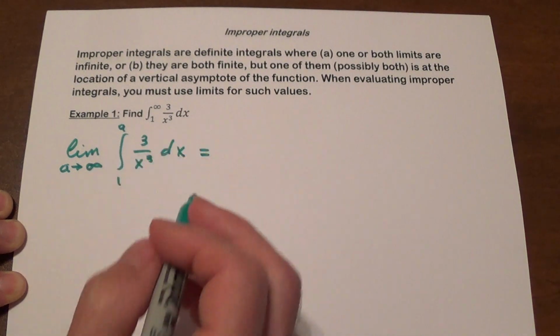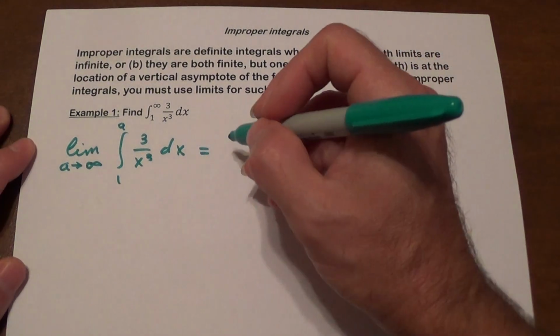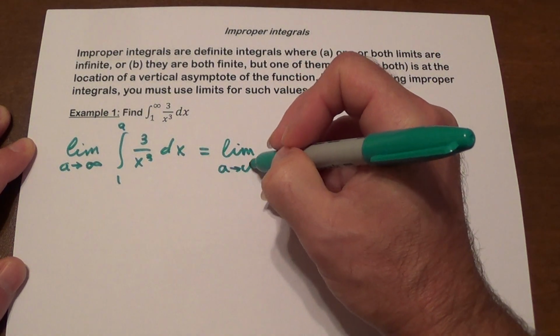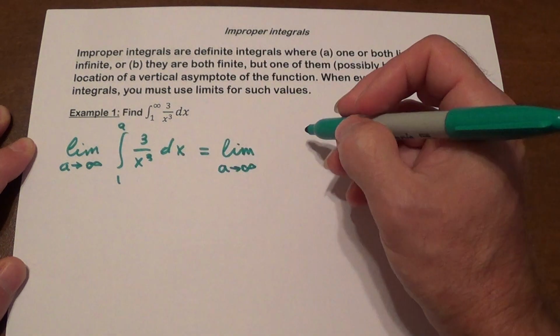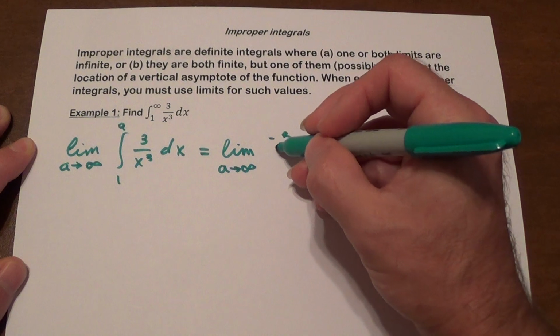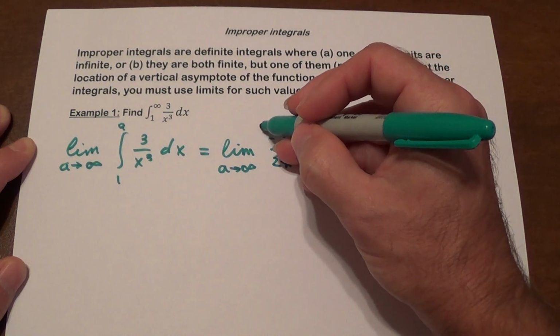Okay, so now we're just going to go ahead and work on the integral. We're going to keep the limit there. So it's the limit as a approaches infinity. The integral here is going to be negative 3 over 2x squared. You can check this.